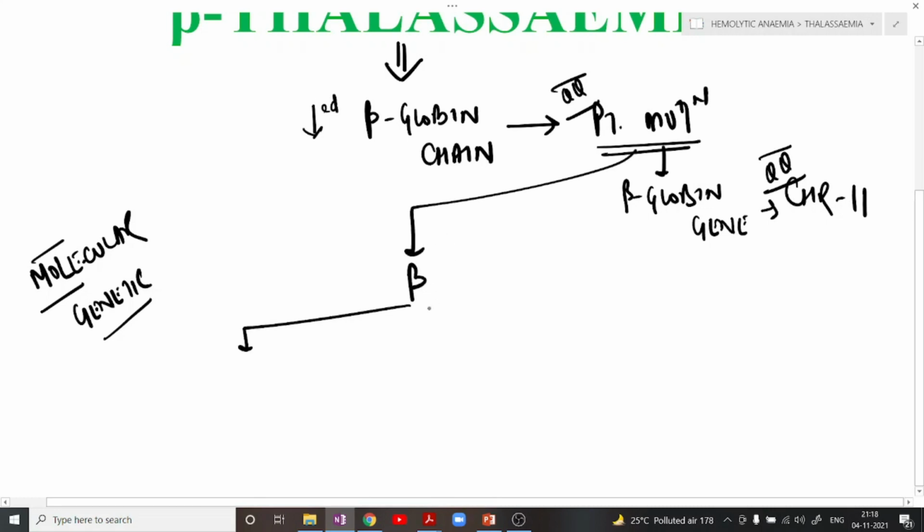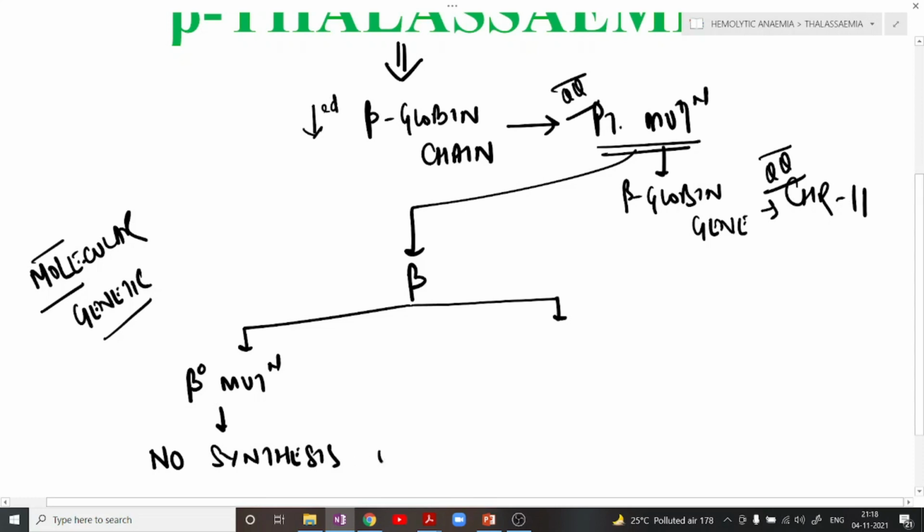There are two kinds. One kind of mutation is called beta 0 mutation. When this mutation occurs, there is no synthesis of beta globin chain. As a result, there is a complete absence of beta globin chain.